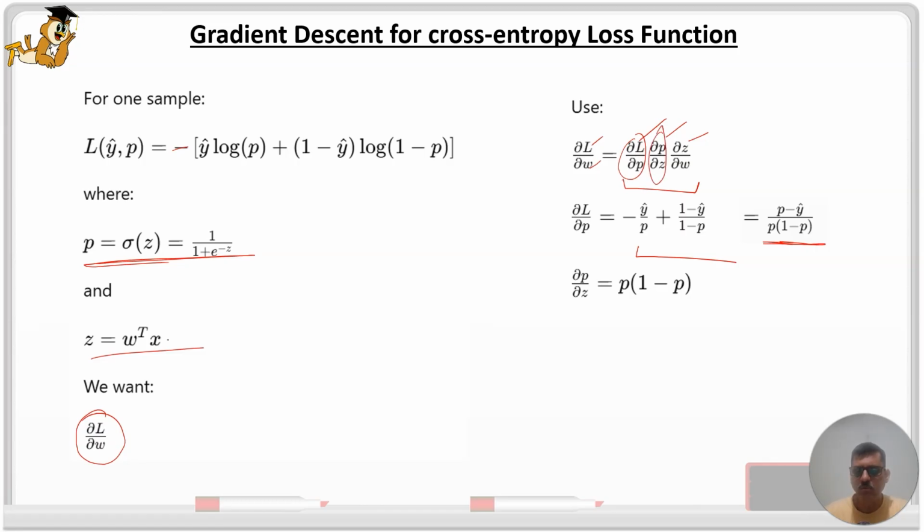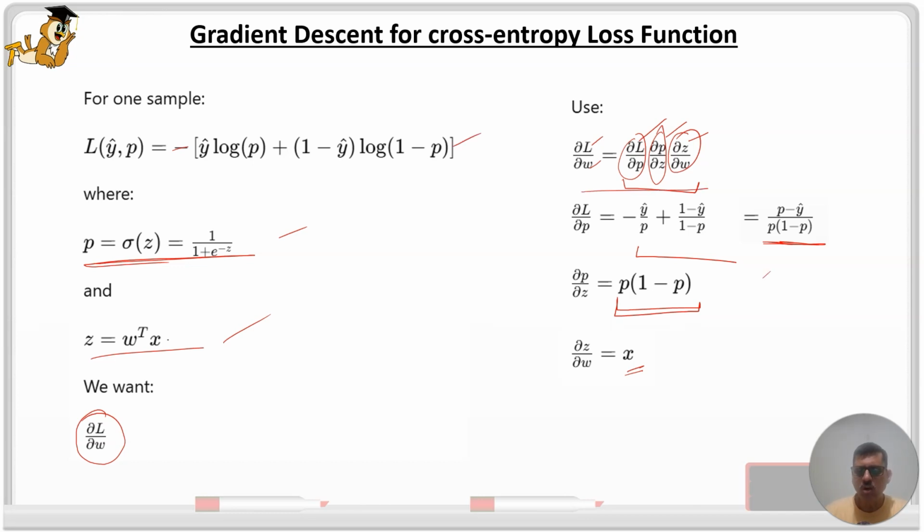This is the next term to be found, and that's pretty simple too. It is P into 1 minus P. I'll let you do these computations yourselves. And the third term, delta Z over delta W, is simply X, right? All I'm asking you to do is find the derivatives over here and use the chain rule.